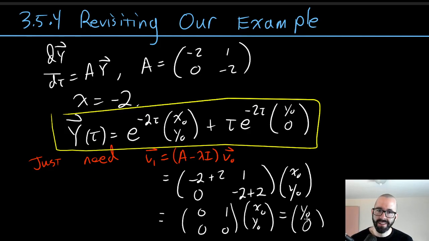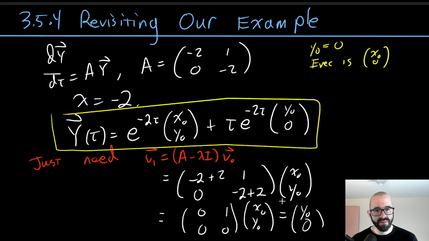Oh, interesting. Do you see what's happening here? If this is the 0 vector, that means y0 is 0, and this is our eigenvector. So if y0 equals 0, then our eigenvector is just x naught, 0.